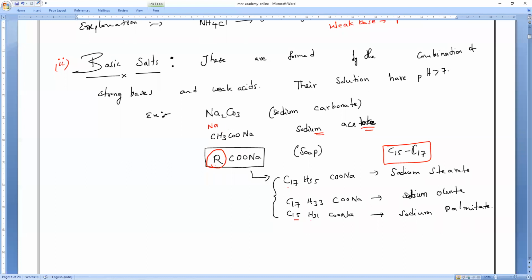Anyone? Baking soda. Sodium hydrogen carbonate we can also call sodium bicarbonate. We used to call it baking soda. That is what you have to remember.